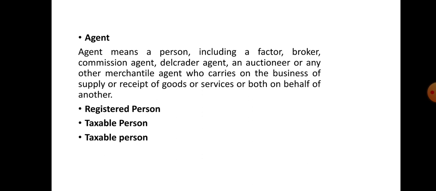As per this, taxable person means a person who is registered under the GST Act, or who is liable to be registered under the GST Act, is called a taxable person.